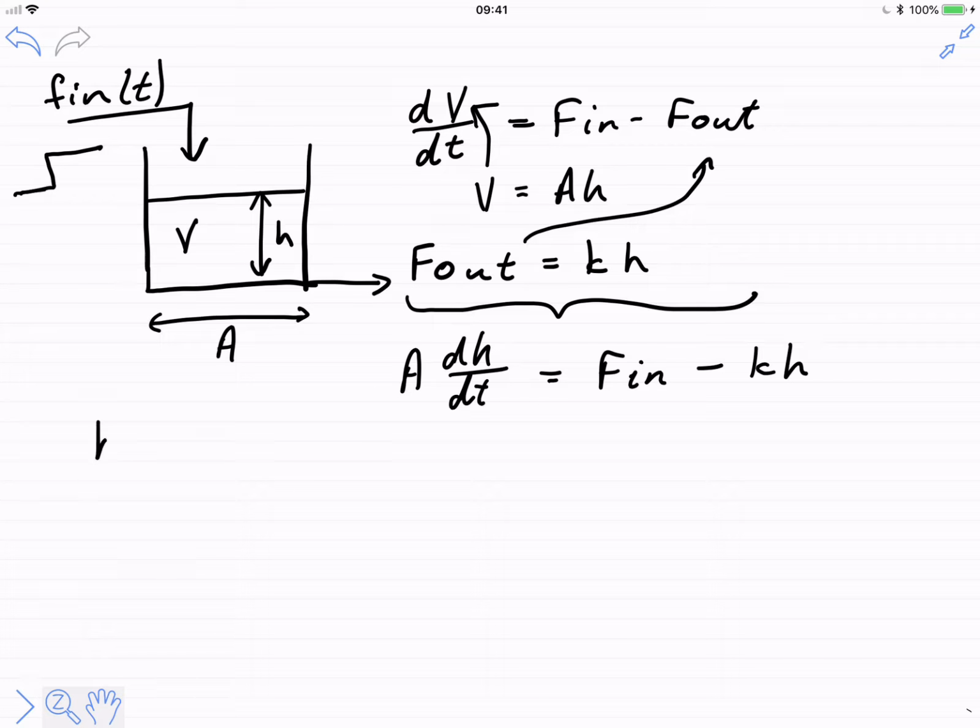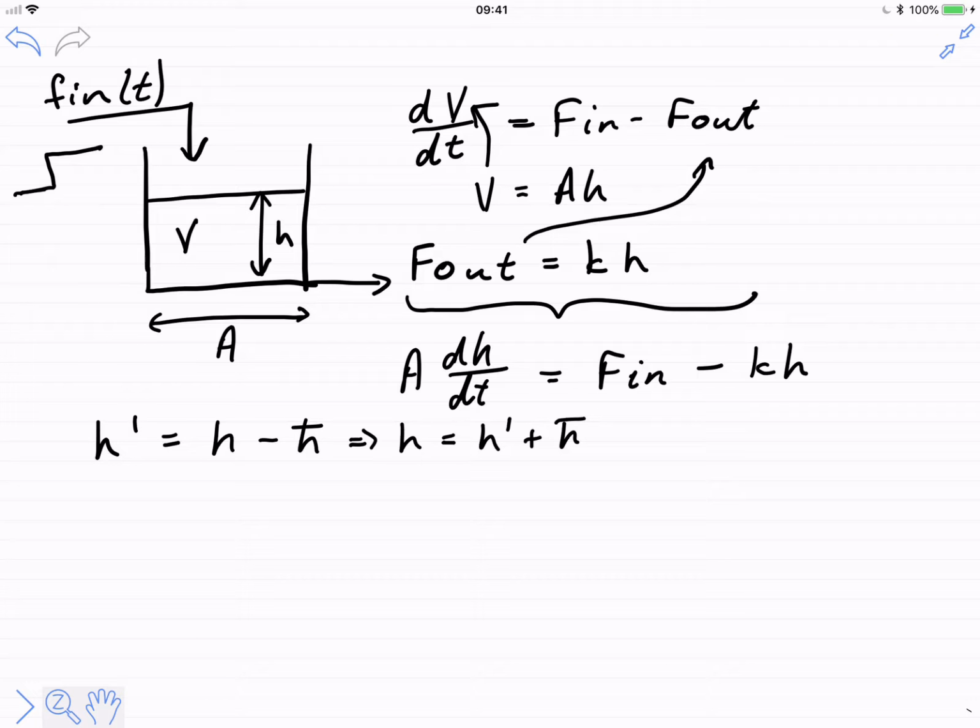So remember, the deviation variables are defined as the original variables minus their steady state values. And that leads to this kind of substitution that we can make, which says that the original values are equal to the deviation variables plus their steady state values, right?